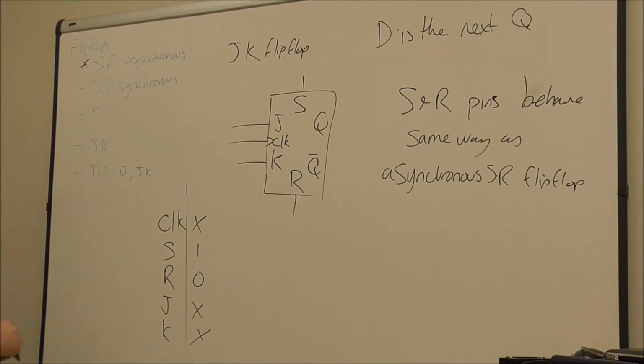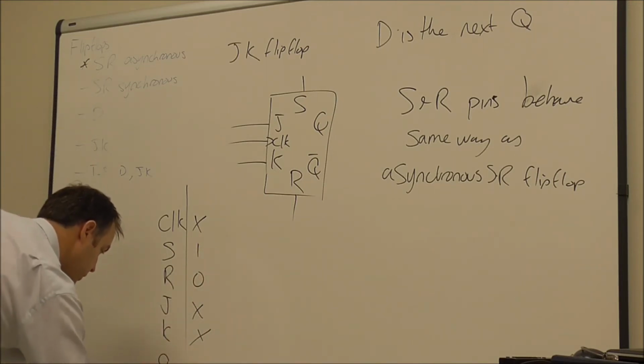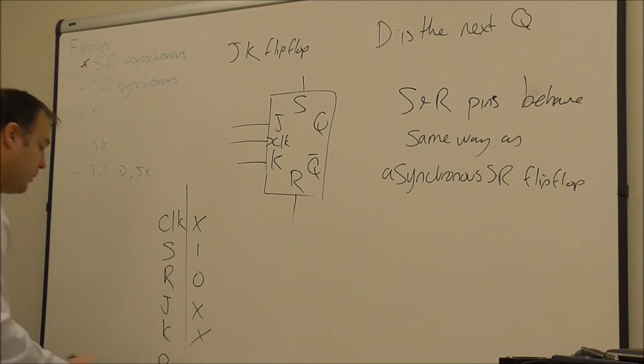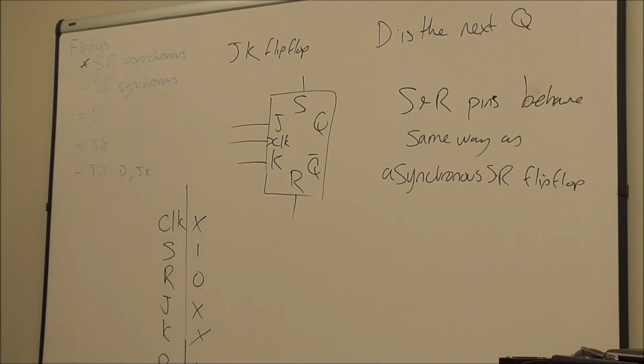And in this case, we're going to have Q, Q bar. Okay, so S and R, they don't care about the JK and the flip-flop and the clock pin because these are the asynchronous inputs.